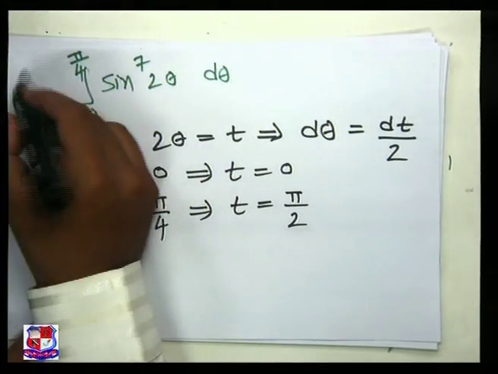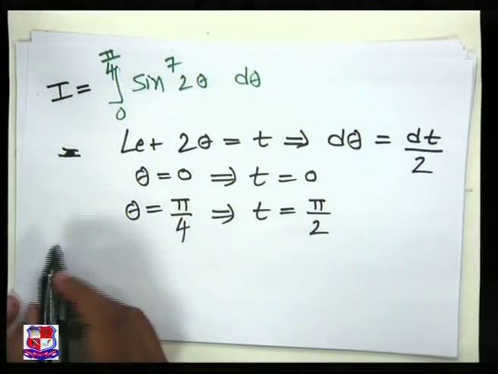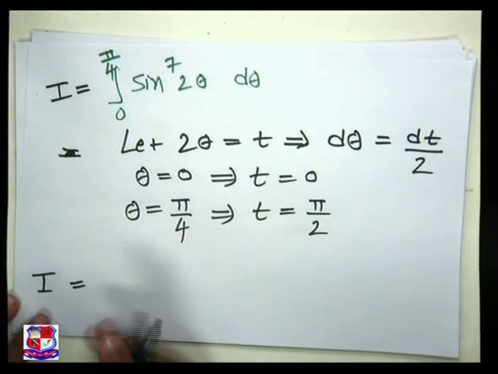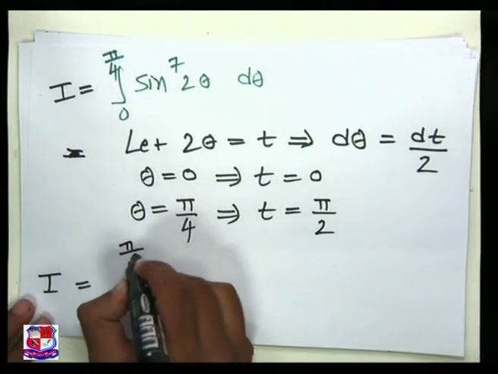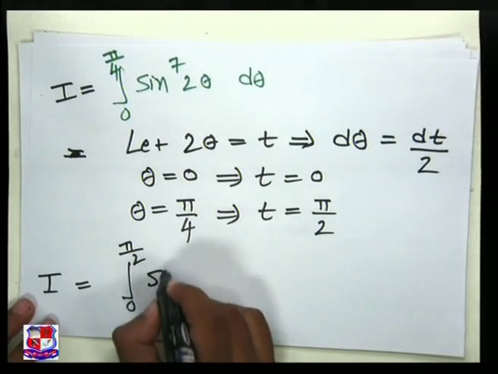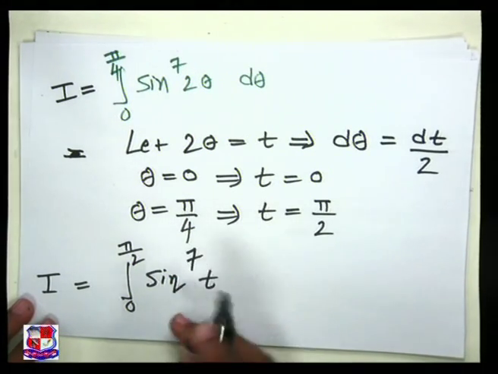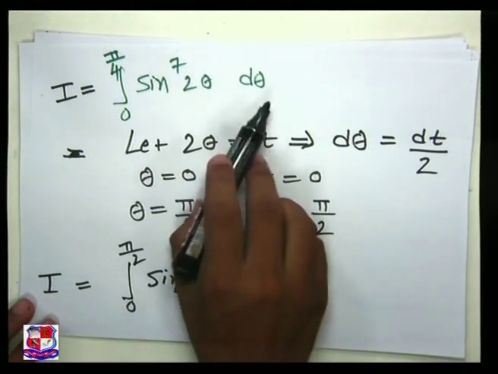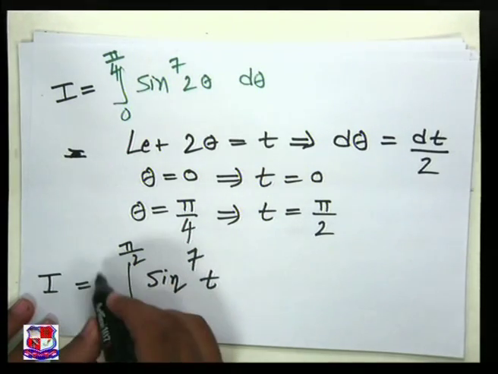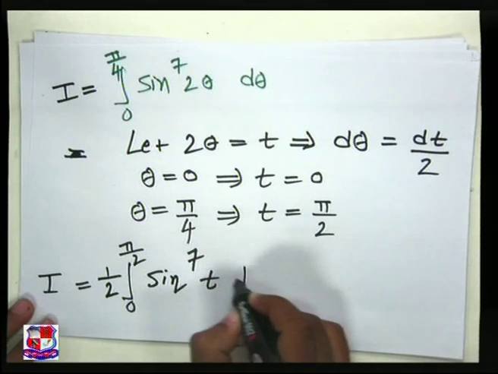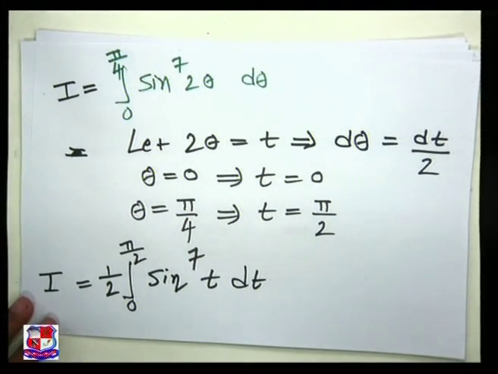So if this integration is I, then I is equal to the integration from 0 to pi by 2 of sin t raised to 7. Instead of d theta we put dt by 2, so 1 by 2 into dt.